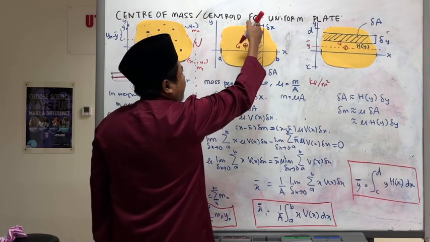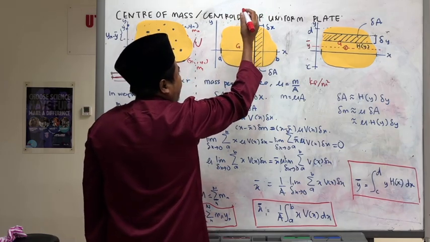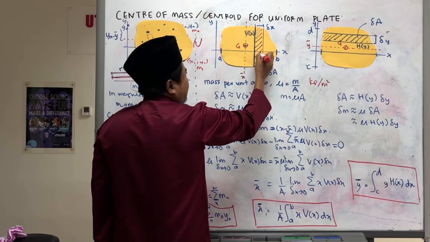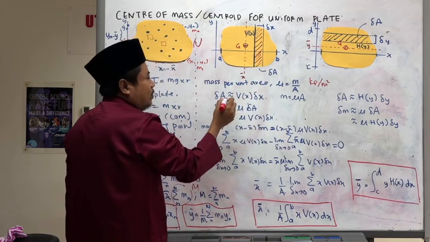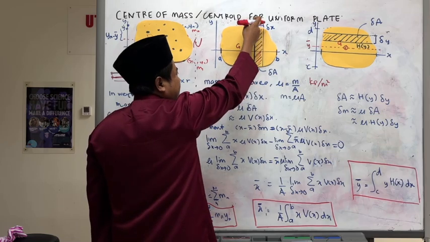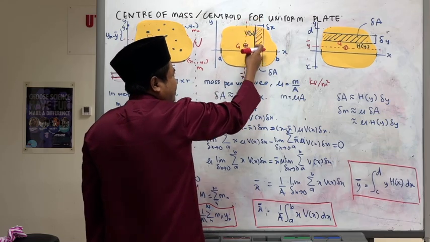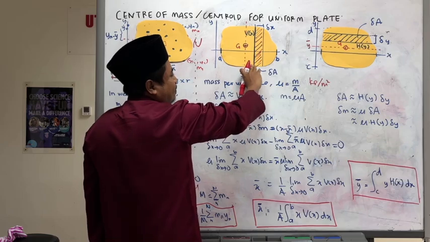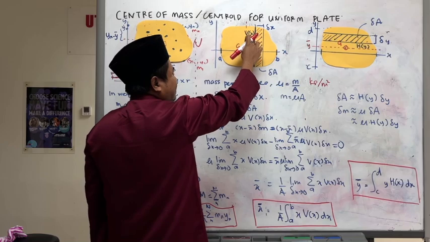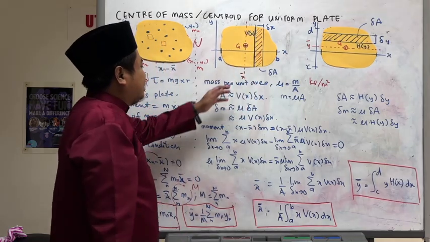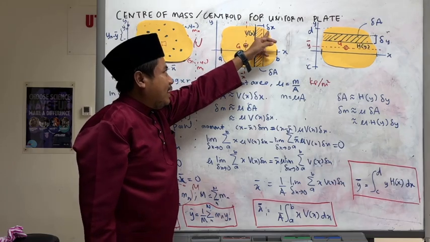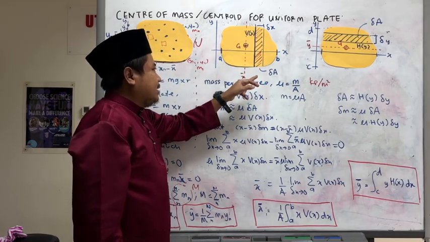Suppose that we take a strip of an area delta A. So the area is the height multiplied by the width, right? The height is v(x), a function which represents the height of the strip, multiplied by delta x, we get the area delta A.